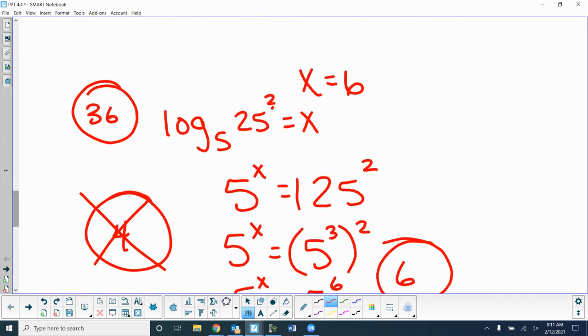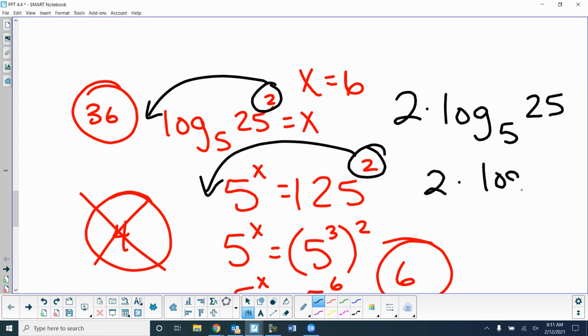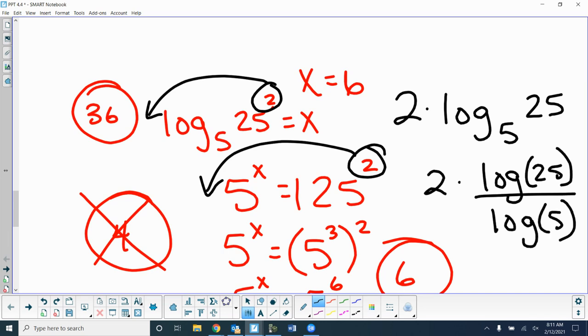We just learned that we could say it's 2 times the log base 5 of 25. With this change of base formula, I can go 2 times log of 25 divided by log of 5. We got 6, remember? Or it's supposed to be 125, sorry.